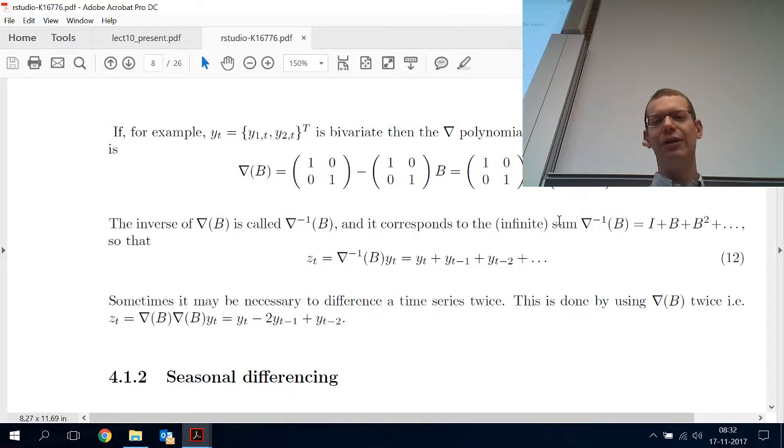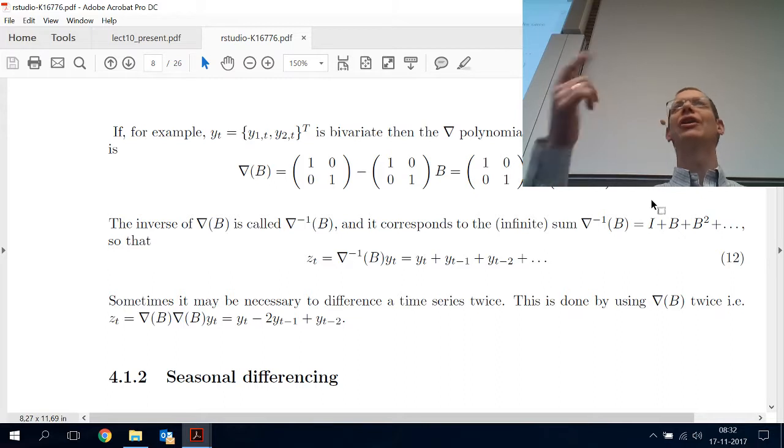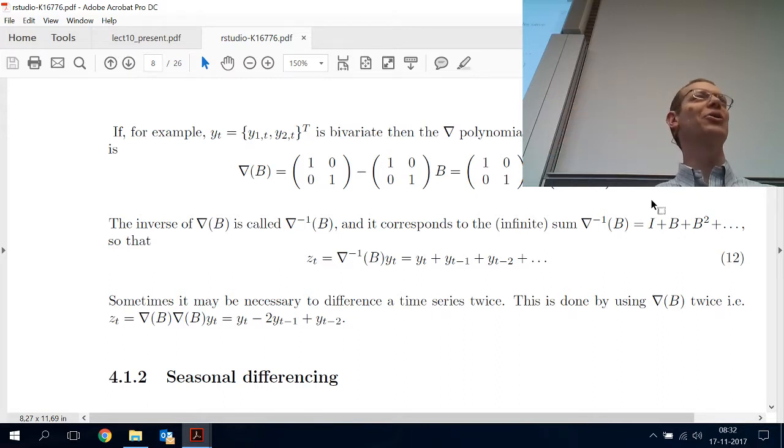We know that the inverse of the difference operator is a sum. We looked at that a long time ago. In the univariate case, it's the same as in the multivariate case. When you just have diagonal processes, they are totally independent. So what was the solution in the univariate is also the solution in the multivariate.